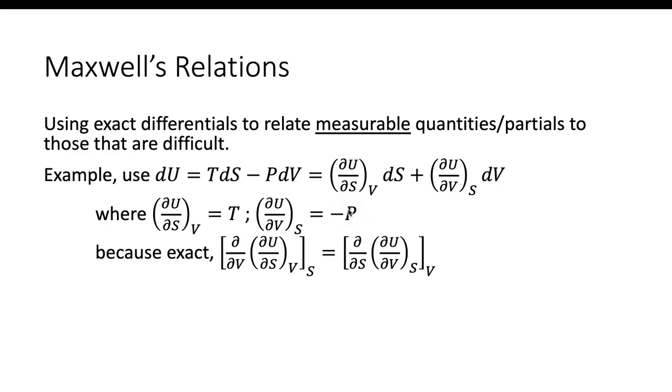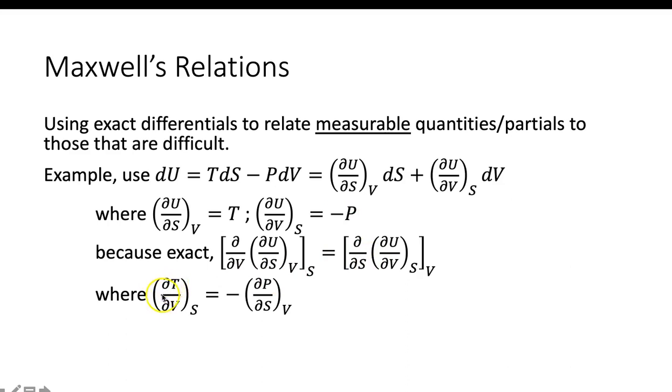Because it's an exact differential, we can then take the partial derivative of this partial derivative here, and that is equal to the partial derivative the other way. So we're evaluating V and S or S and V. It shouldn't matter. It is a state function, right? So that was our concept of an exact differential. And so if we do that, that means that we substitute in T for this one and minus P for this one.